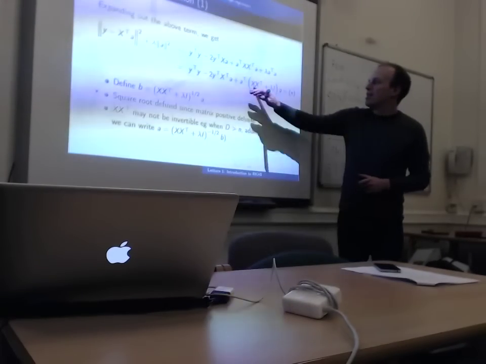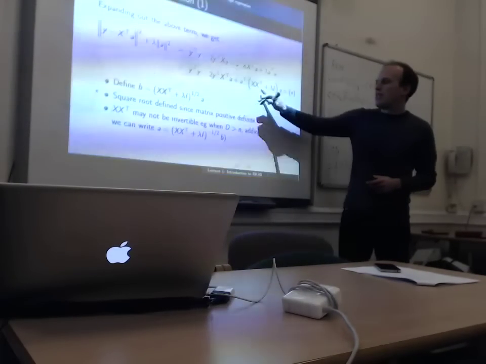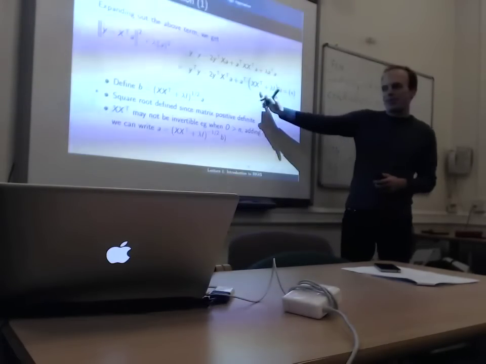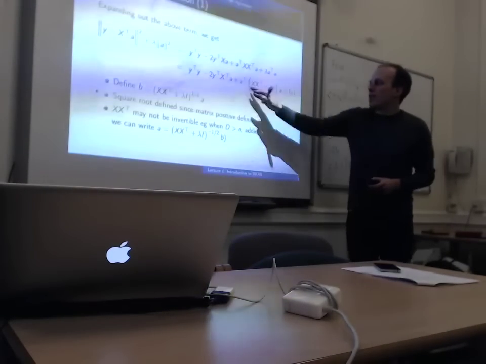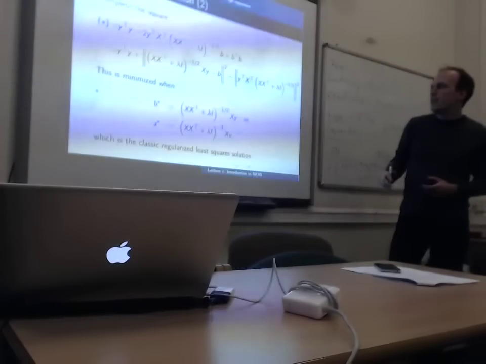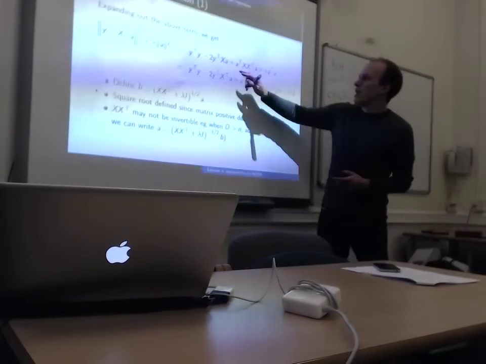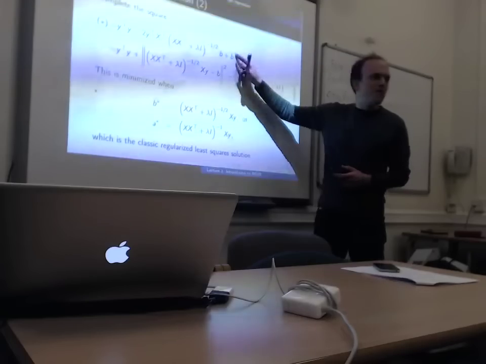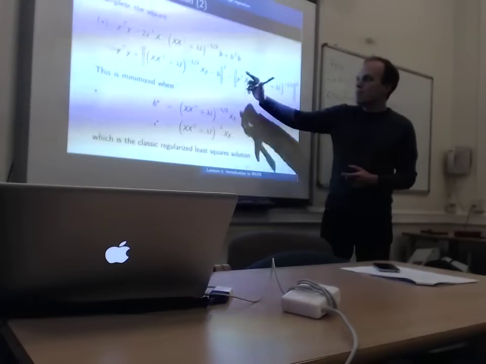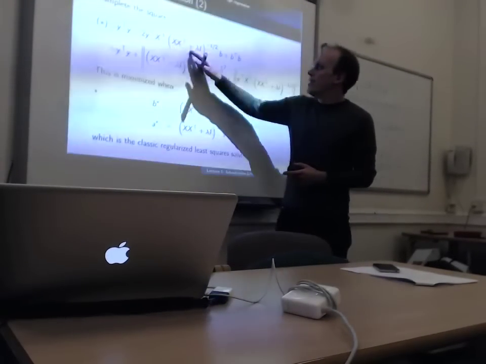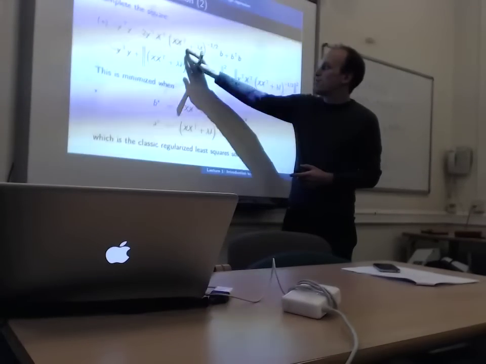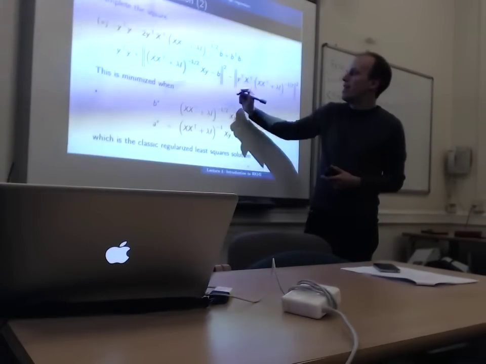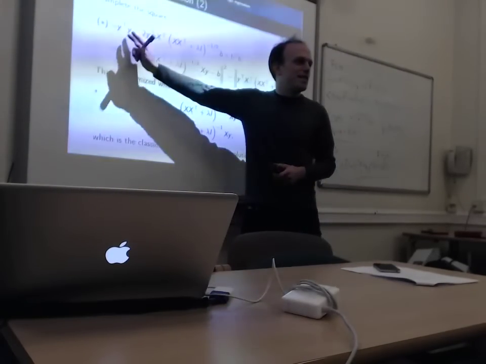So I'm taking this big object here and writing it as just B transpose B, where B is A transpose times the square root of this matrix. So where before I had A transpose (X X transpose plus lambda I) A, now I've just got B B transpose. Here, I had an A before, so I've got this expression here, which is (X X transpose plus lambda I) to the minus half times X y. And then y y transpose stays exactly as it was before.